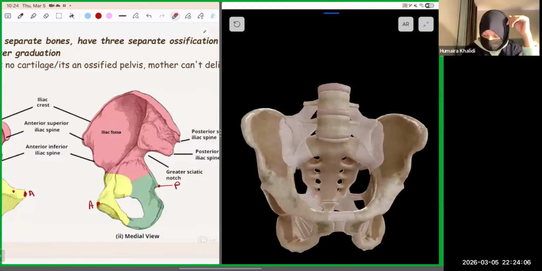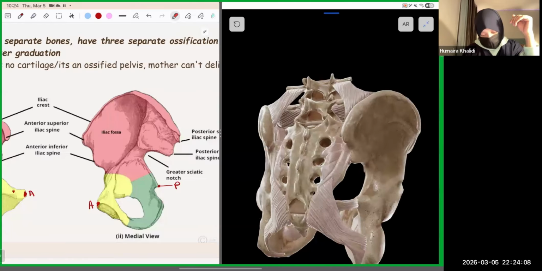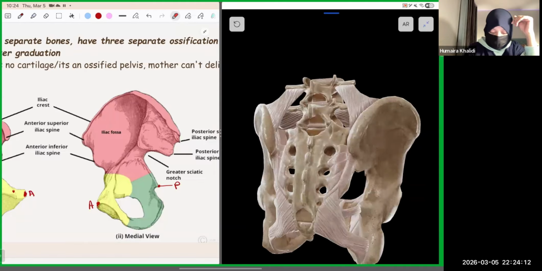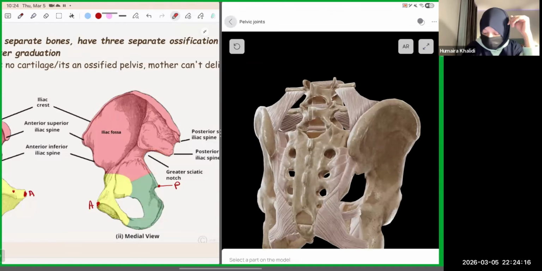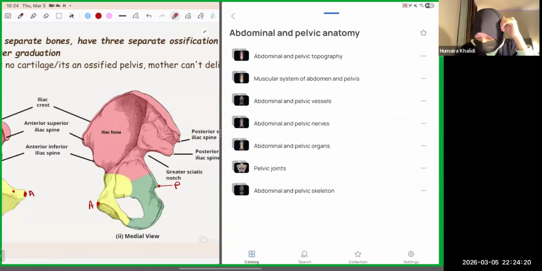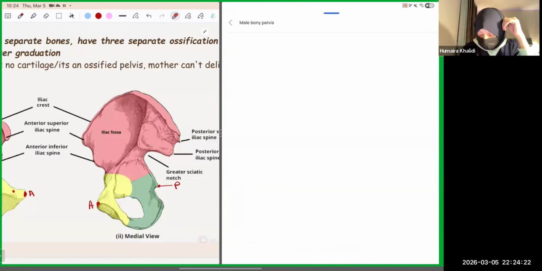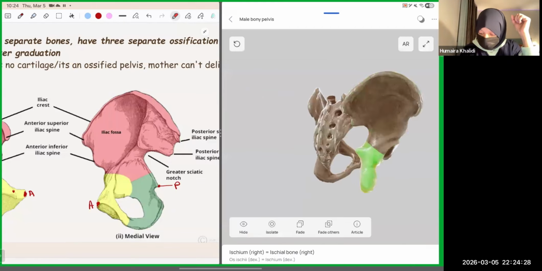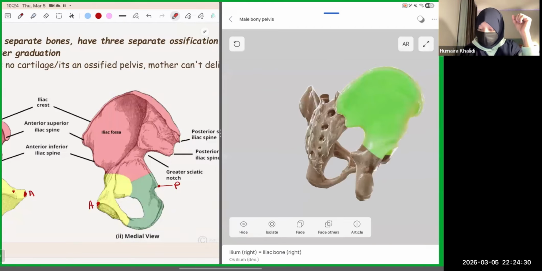Now there's something called the greater sciatic notch. What is that? This area, this is the greater sciatic notch. There's a better picture of the pelvis, I just can't seem to find it. Okay, it's not, but it's fine.